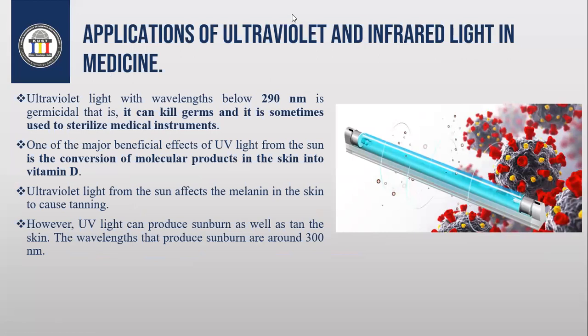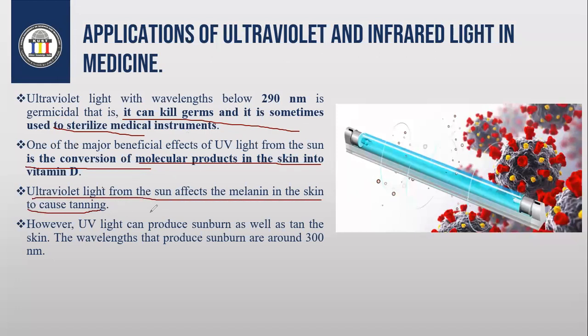So this is the first benefit of UV light. This is the second one, it is used for the skin. This is the third one, tanning. These are three benefits of UV light.